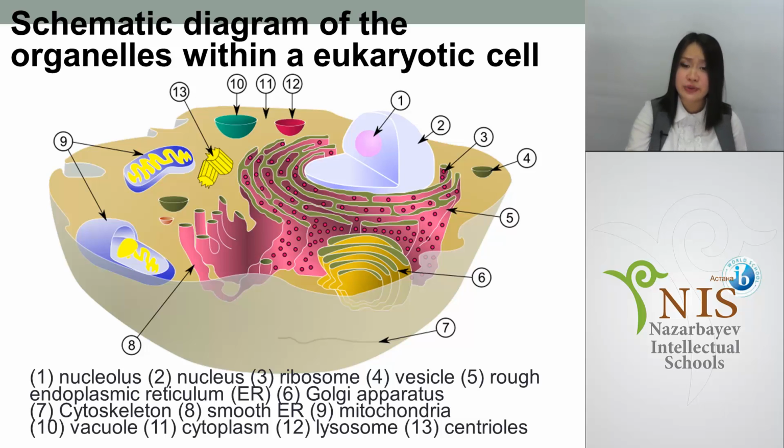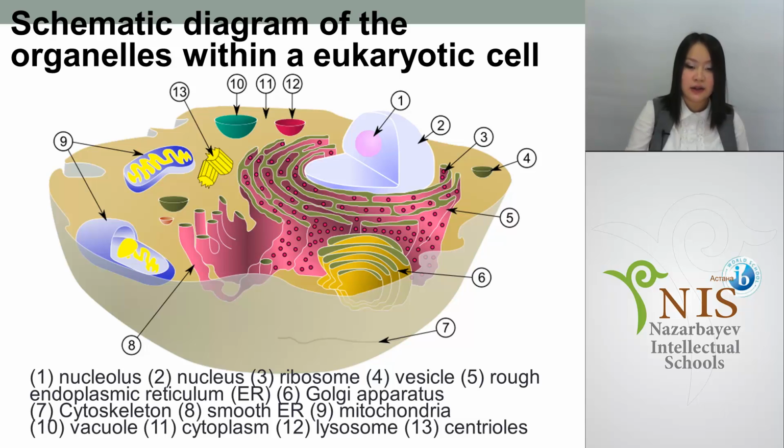Number 5 is endoplasmic reticulum, exactly, rough endoplasmic reticulum. Number 8 is also endoplasmic reticulum, but smooth endoplasmic reticulum. Number 6 is the Golgi apparatus. Number 7 is the cytoskeleton.